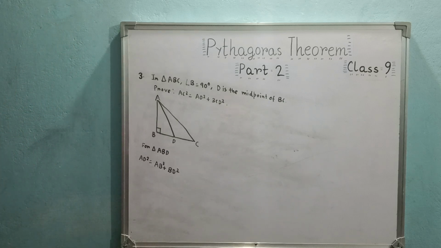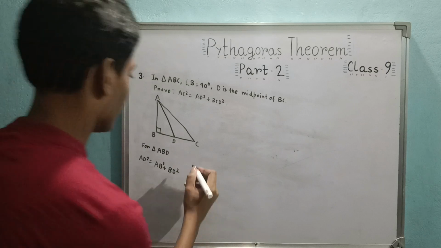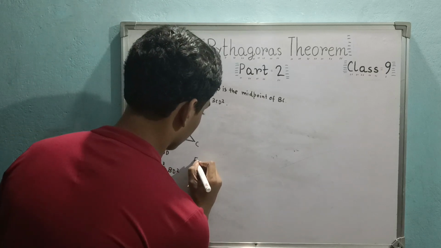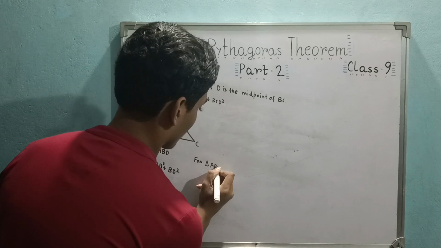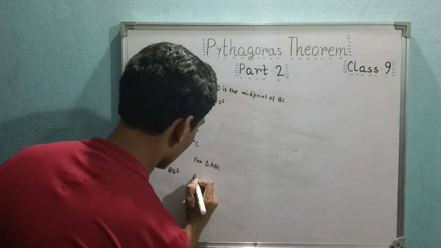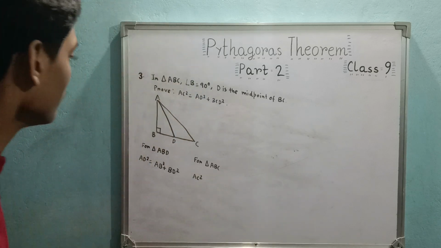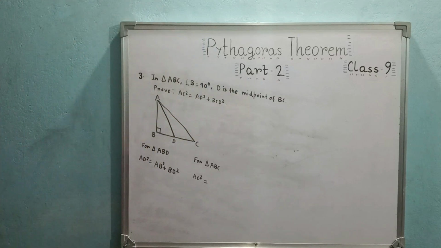Okay. And similarly for this triangle ABC, we have AC square equal to AB square plus BC square. Okay.